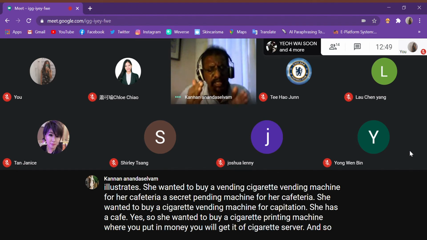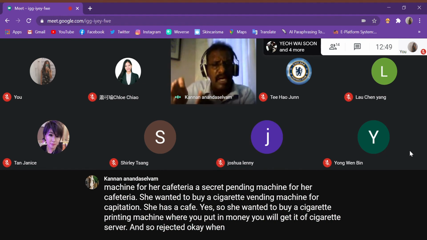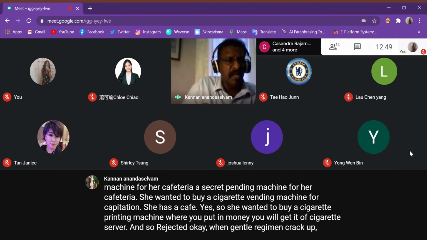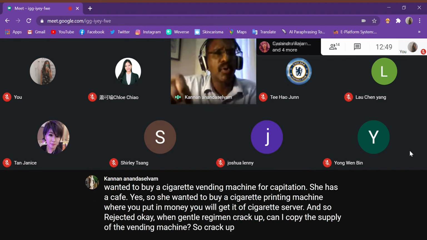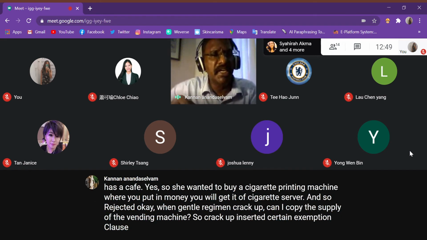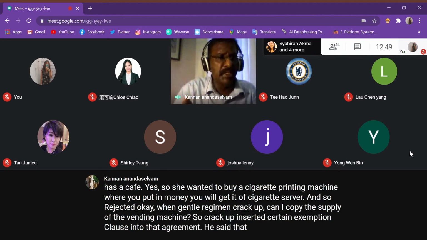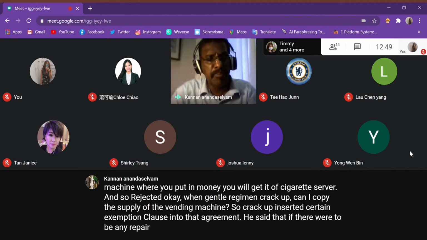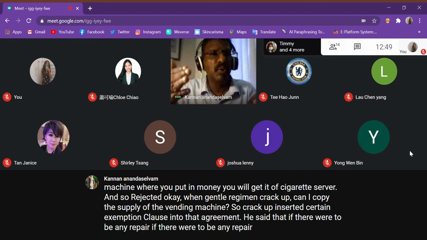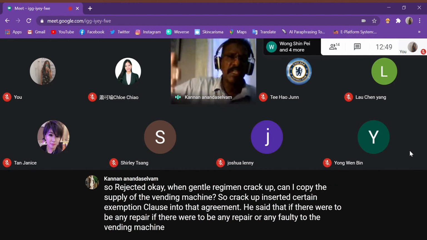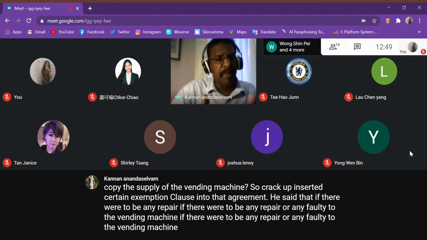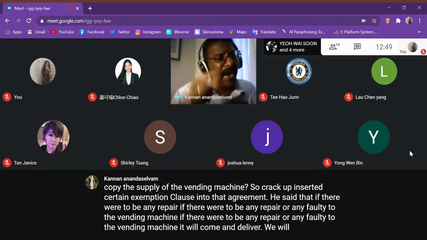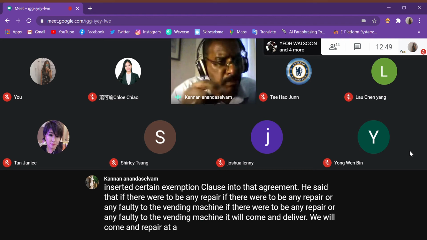When she entered the agreement with Graucob, the supplier of the vending machine, he inserted a certain exemption clause into that agreement. He said that if there were any repair or any fault to the vending machine, he will come and repair it at a nominal fee, a minimum fee.